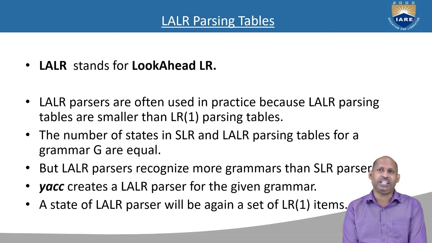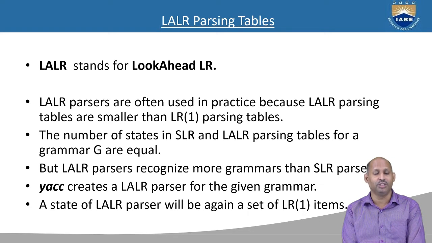The number of states in SLR and LALR parsing tables for a given grammar will be equal. If the CLR parsing table has 10 states, then the LALR parsing table will have less than or equal to that.